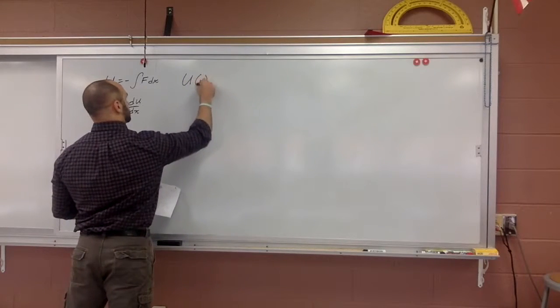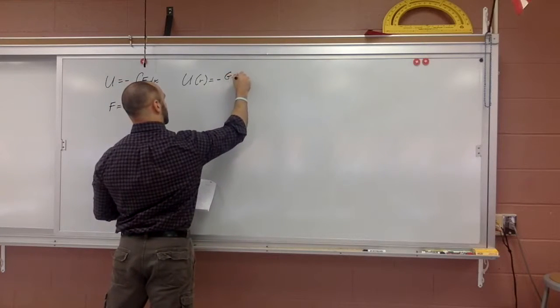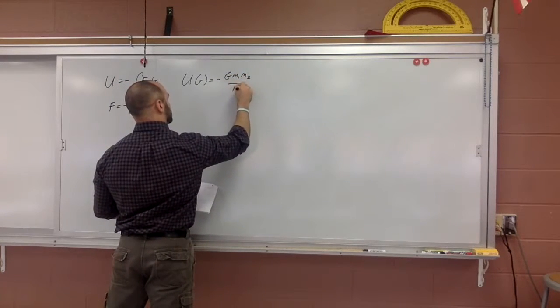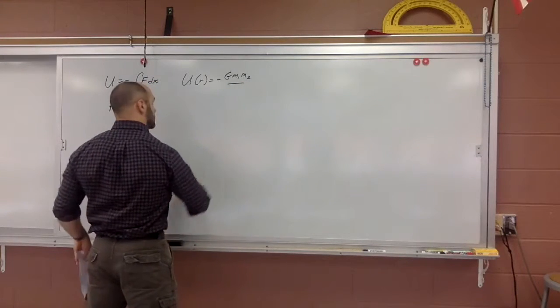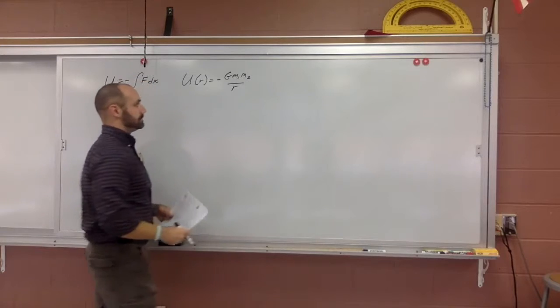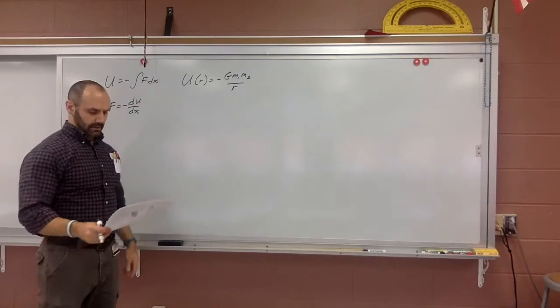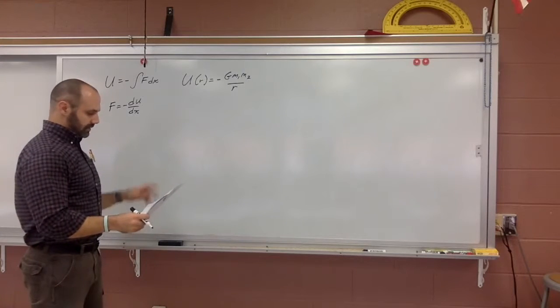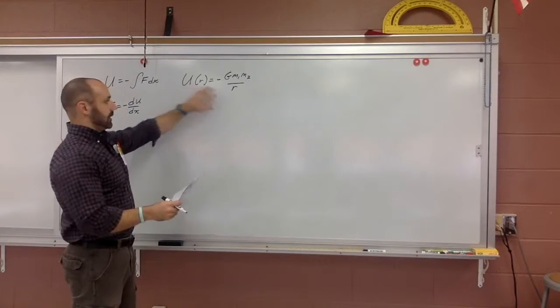U as a function of r is negative G m1 m2 over little r, sorry, not r squared, just r. And notice that it's negative. And so what's the value of U when r is infinity?